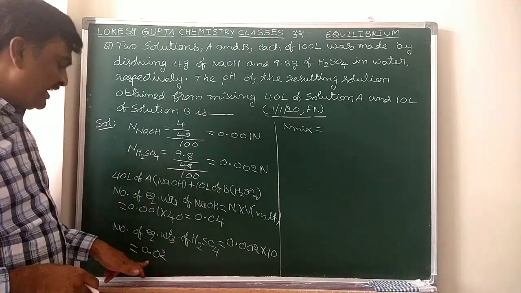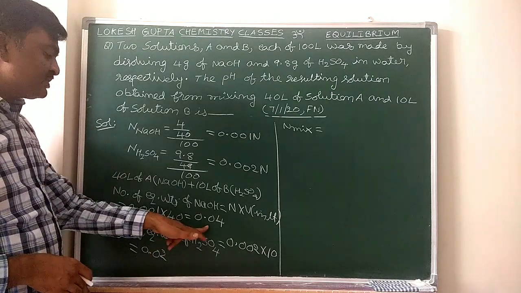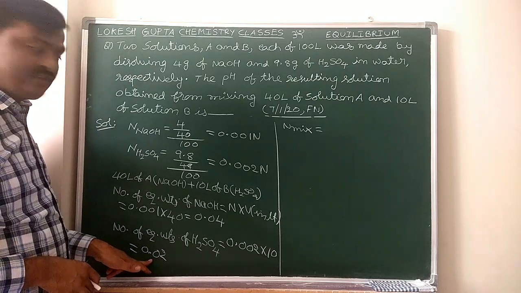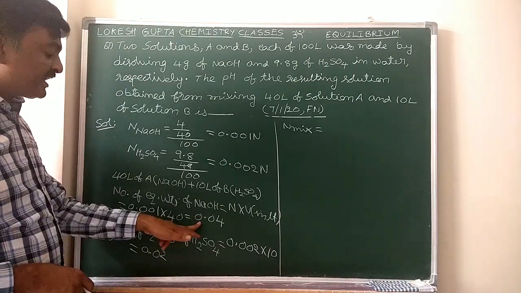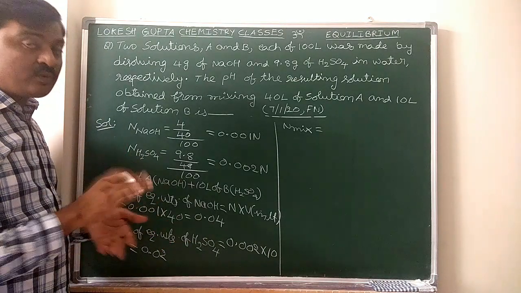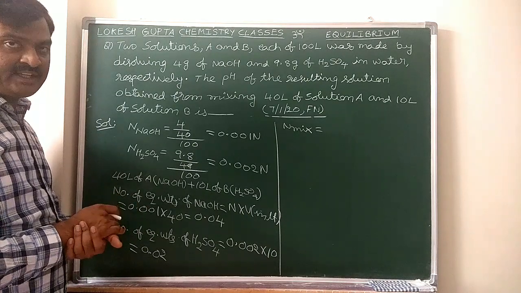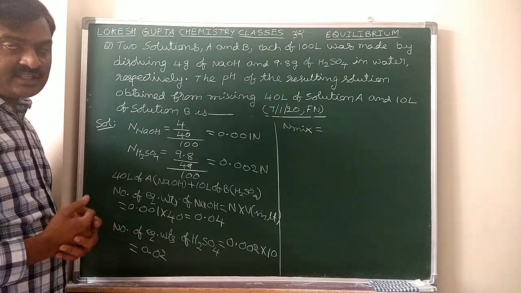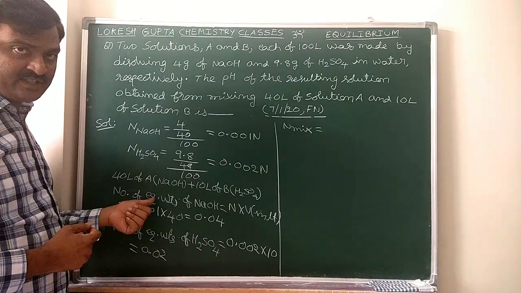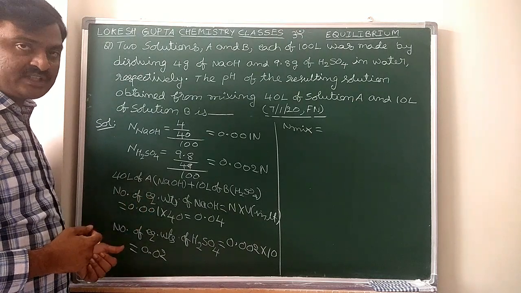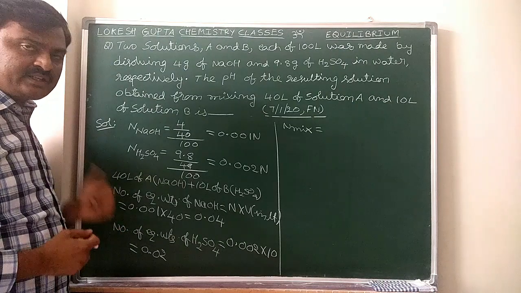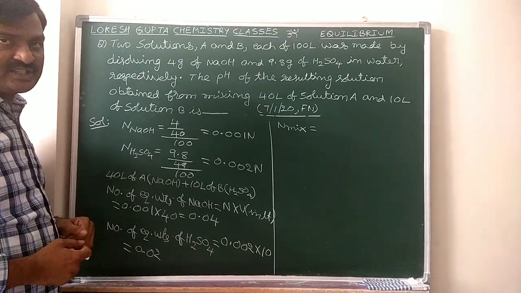Here acid is 0.02, base is 0.04. So 0.02 equivalent weights of sulfuric acid will react with 0.02 equivalent weights of NaOH. What is left behind? NaOH. That's why the resulting solution is basic in nature. Here the number of equivalent weights of base, NBVB, is more than the number of equivalent weights of acid, NAVA. That's why the resulting mixture is basic in nature.